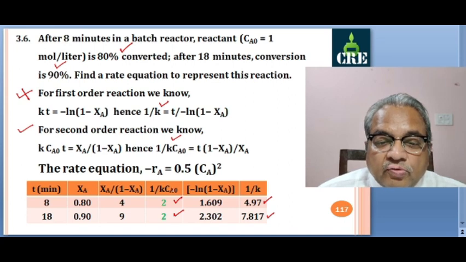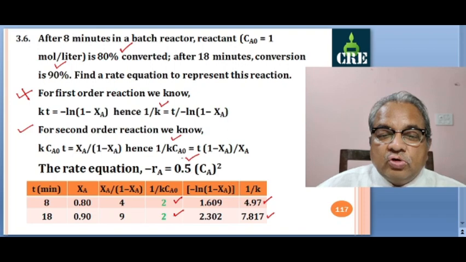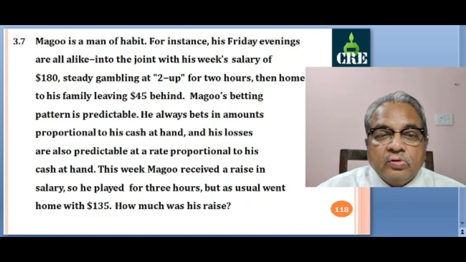So what will be the value of k? 1 upon k is 2, that means k is equal to 0.5. So minus Ra is equal to 0.5 into CA square is your rate law.